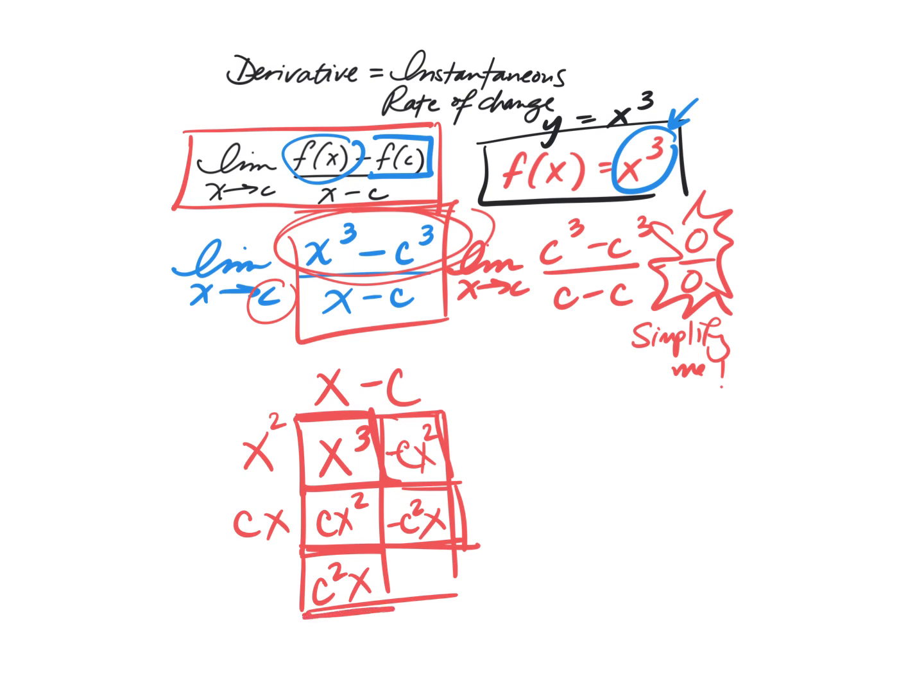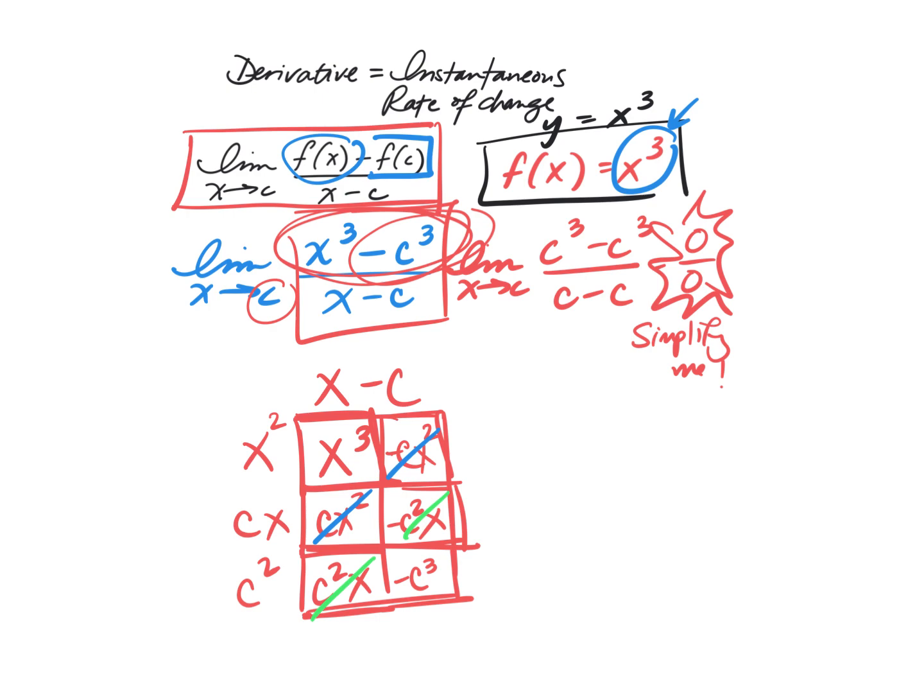So I know this dimension is x, which means that this needs to be c squared. And now I have the dimensions of this rectangle, which gets me negative c cubed. And that is what I have up here. So the beauty of this is these two are equal and opposite, and they cancel. These two are equal and opposite, and they cancel.